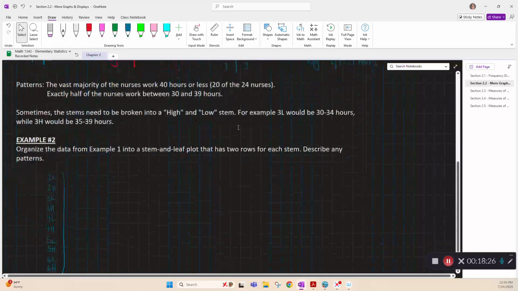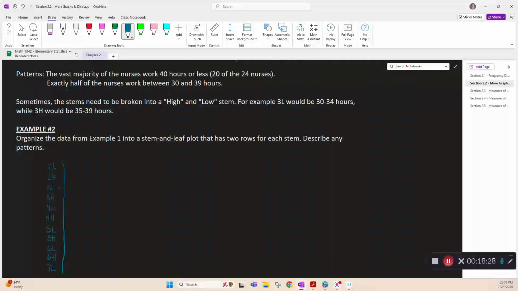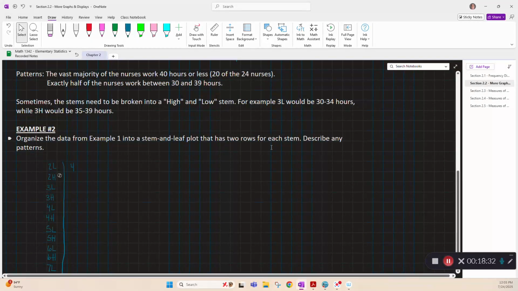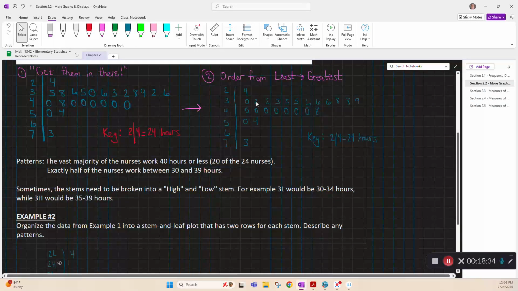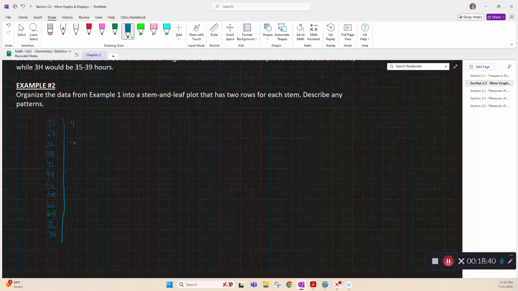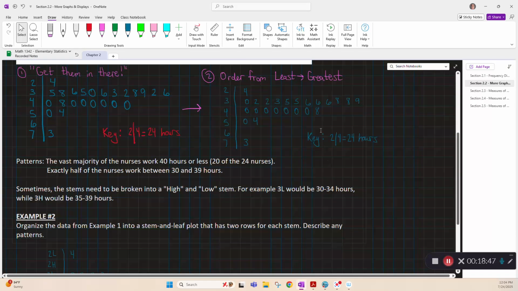So 24 is a low 20. So I'm going to put that under 2L. And then let's look for my low 30s. I have a 0, a 2, a 2, and a 3. So for 3L, I'm going to put a 0, a 2, a 2, a 3. And then the other 30s are high 30s.